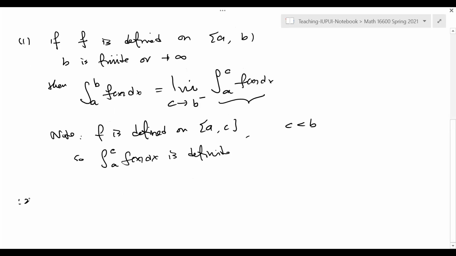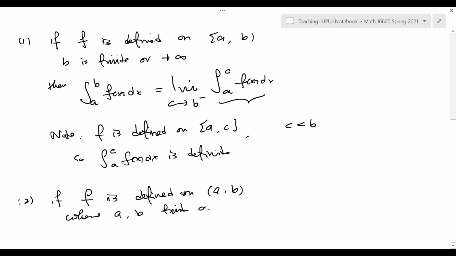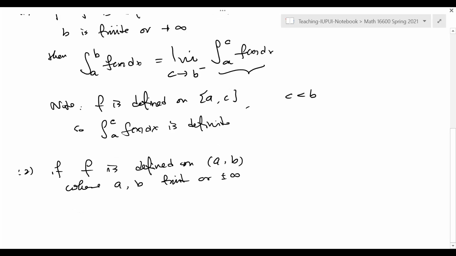The second case is even worse. If both sides are open, so the function is defined on the interval from a to b, where a and b are finite or plus or minus infinity, then how do we define this?